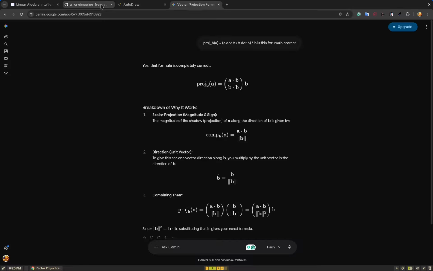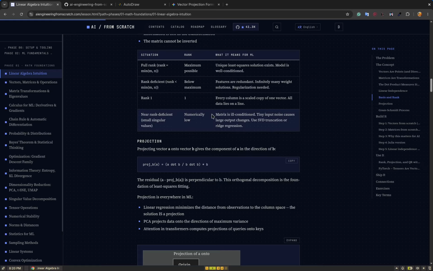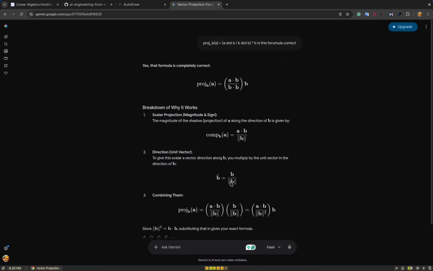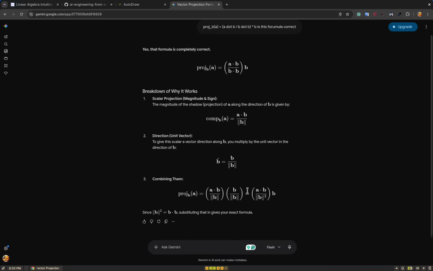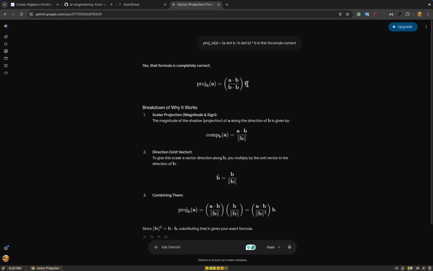Oh, I understand. So if I have the magnitude, b hat is equal to b divided by b magnitude, I can rearrange this to get the b. So essentially, I get this. Projection of A is A dot B over B dot B. Is that correct?